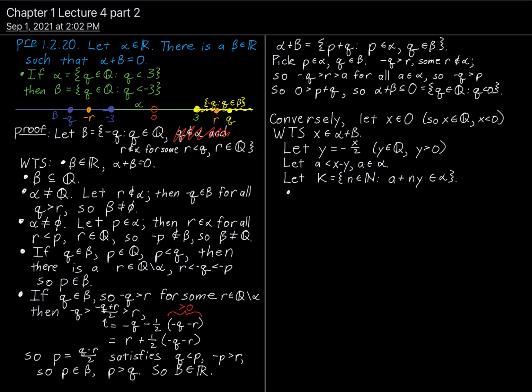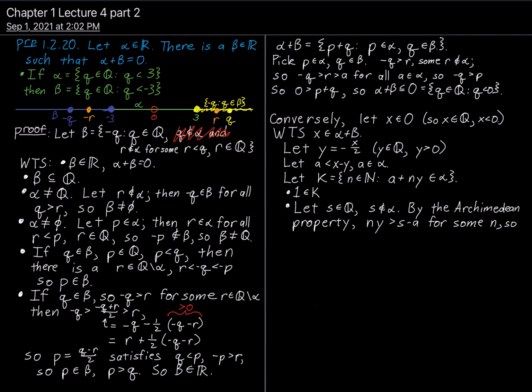All right, and notice 1 is in k, but by the Archimedean property, let s be a rational number with s not in alpha, and then by the Archimedean property, we've got that n times y is bigger than s minus a for some n.